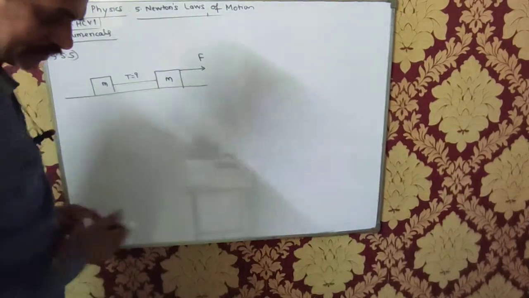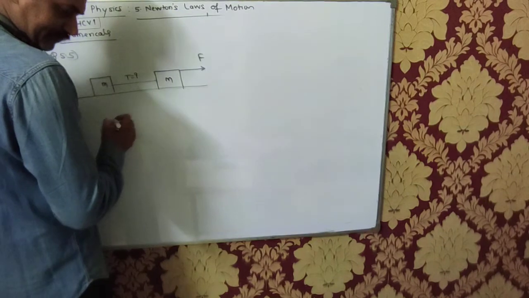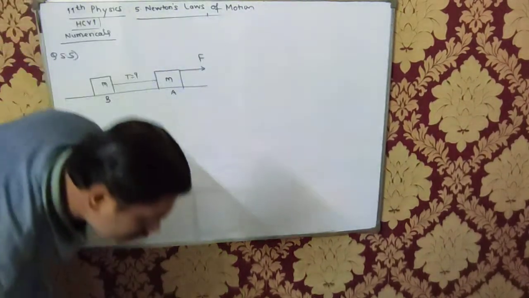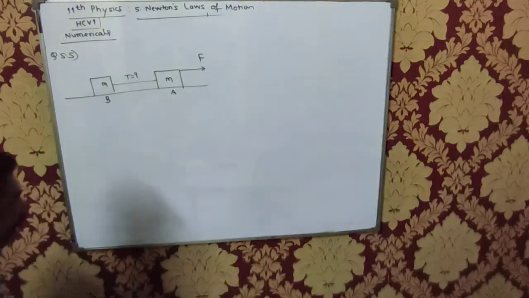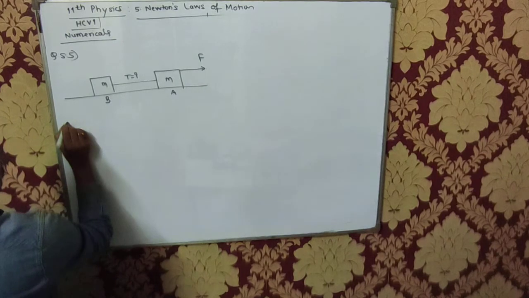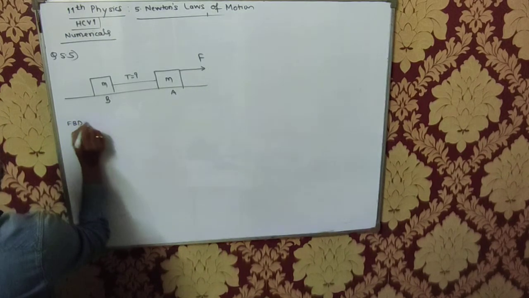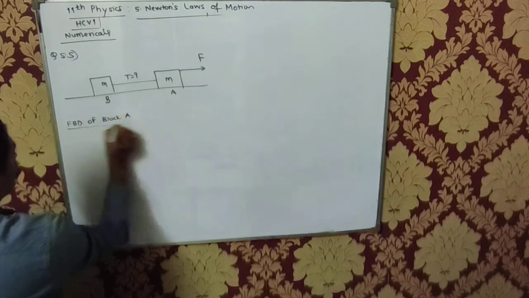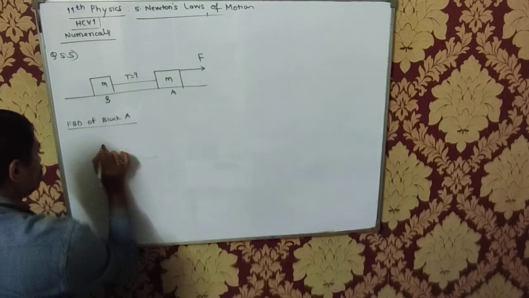Well, I will call these blocks A and B. So if I draw the free body diagram of block A, what do we get there? This is the block.